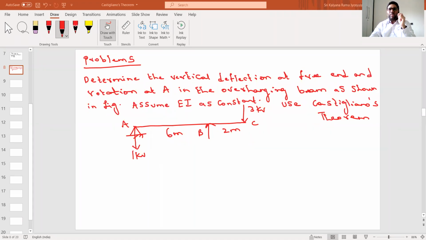So considering these two expressions, if there is a load that is acting at a point where we need to calculate the deflection, we need to differentiate the strain energy with respect to the load acting at that point.